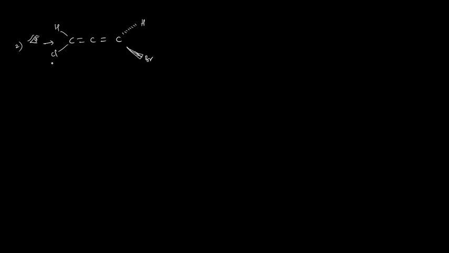In between these two, chlorine has the highest atomic number, so first priority, then hydrogen gets second priority. After giving priority to near groups, go for far groups. In between these two, bromine has the highest atomic number. This will get third priority. Now this hydrogen gets fourth priority. 1, 2, 3, 4.